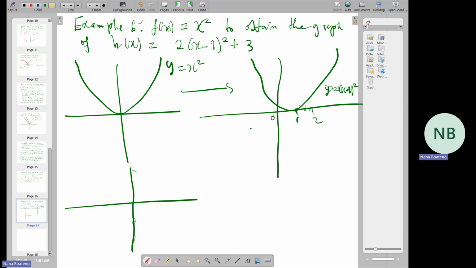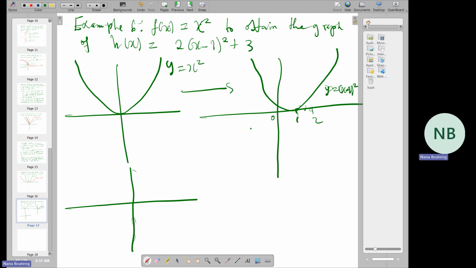So we say horizontal stretching and shrinking. We talked about vertical stretching and vertical shrinking earlier.